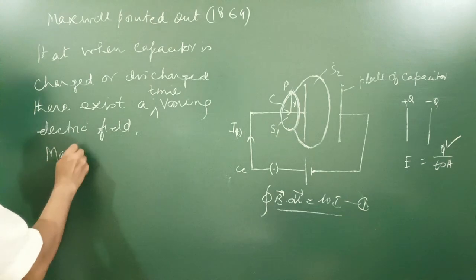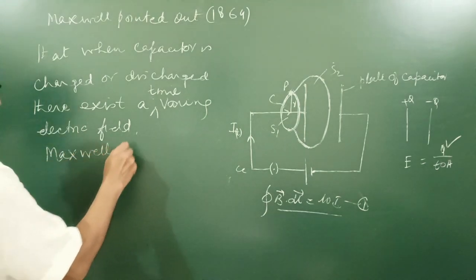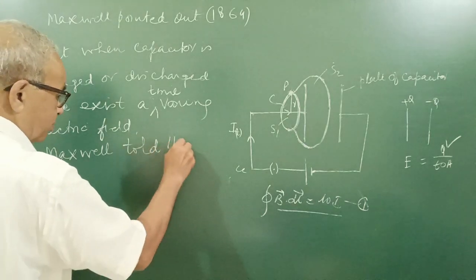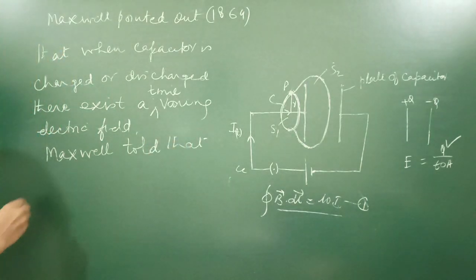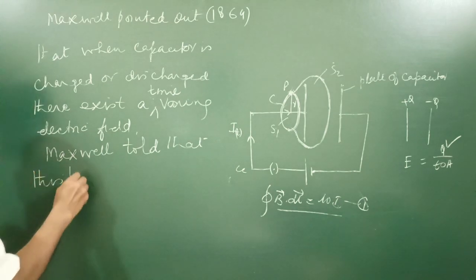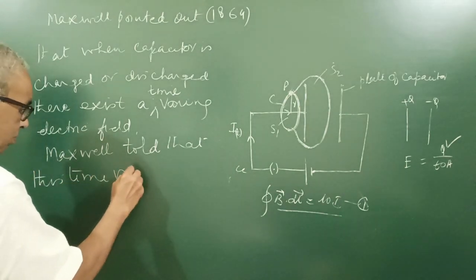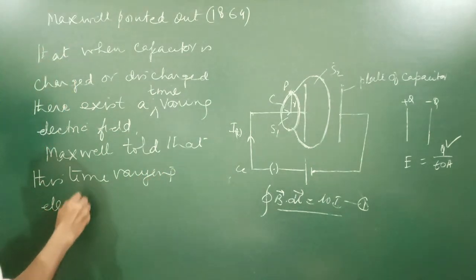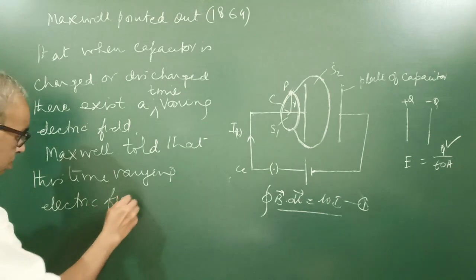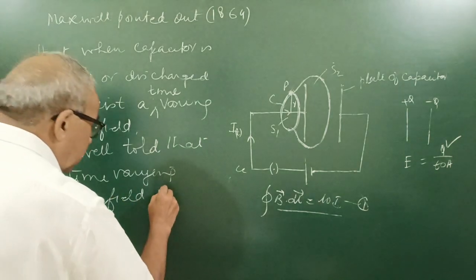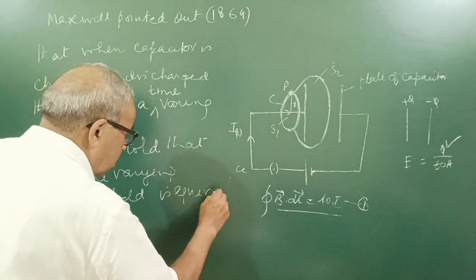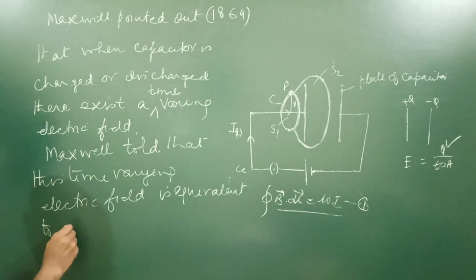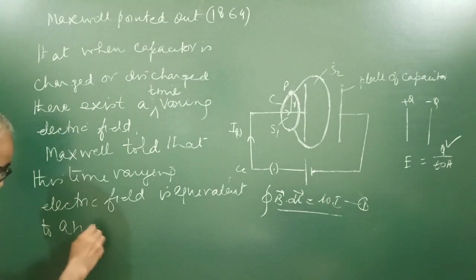Maxwell told that this time varying electric field is equivalent to an electric current.